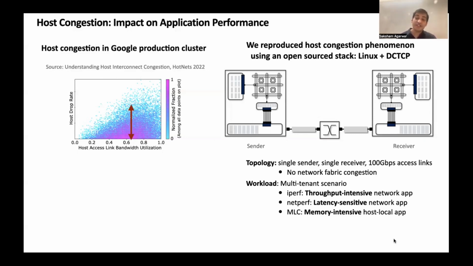To introduce host congestion, I'll use a memory-intensive application running locally at the receiver along with the network apps. This memory-intensive application will generate a steady stream of memory reads and writes. I'm currently using MLC, a standard benchmarking app for such memory-intensive workloads, but we have observed similar behavior with other applications like Redis, for example. But today I'll be using MLC just for the sake of better explicability of results.